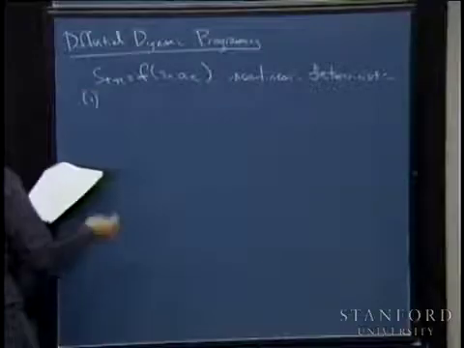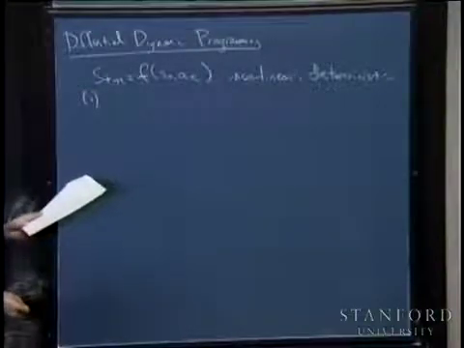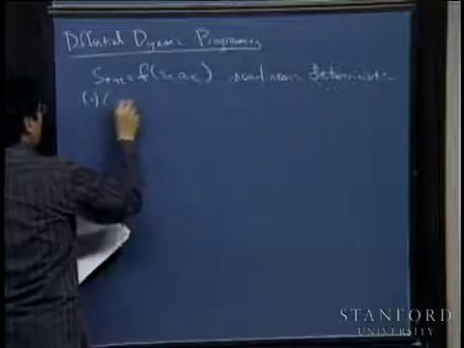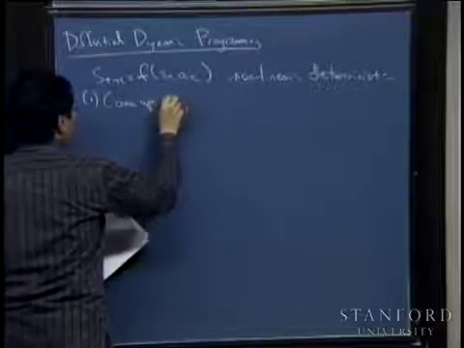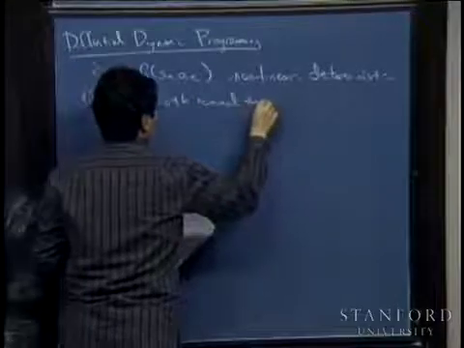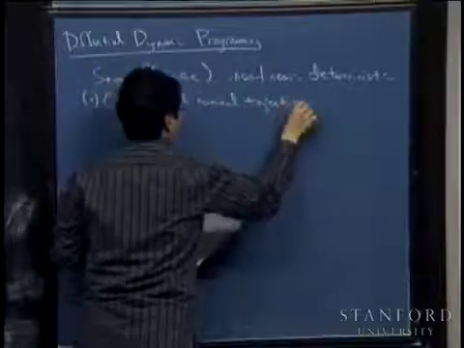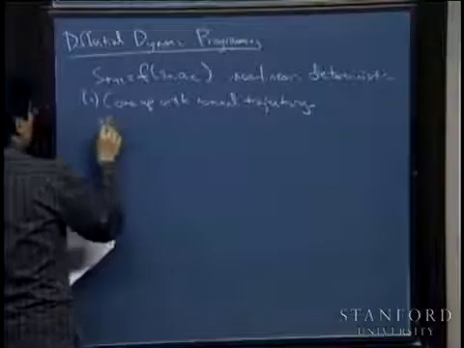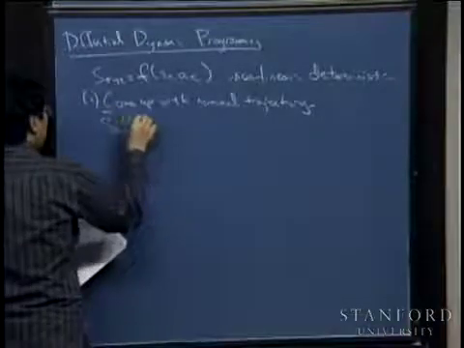So here's what differential dynamic programming does. First step is come up with what I'm going to call some nominal trajectory, right? And I'll call this S0, A0.